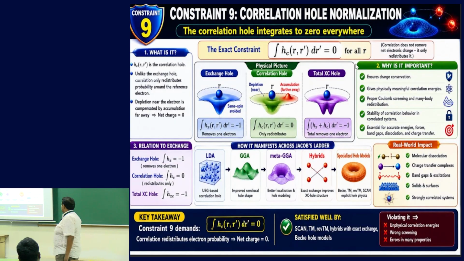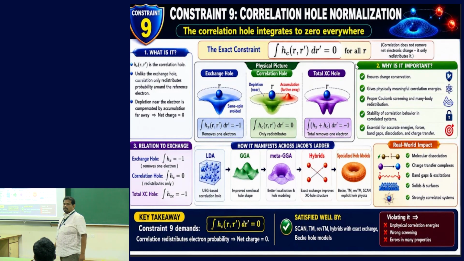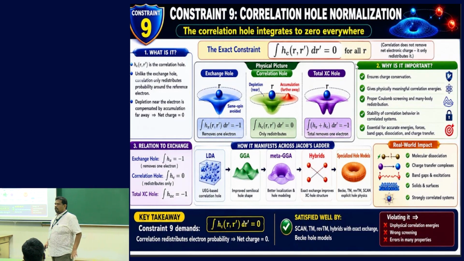You will not find anything here. It's a shallow dip. And what is happening in correlation? If it is not here, it has to appear somewhere. It should be compensated somewhere. It's not here, but it is compensated at some other place. Now this is the mixing thing, and this is the sum rule, this normalization you will be having.